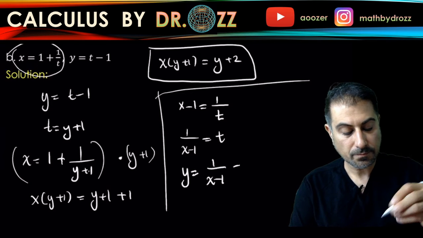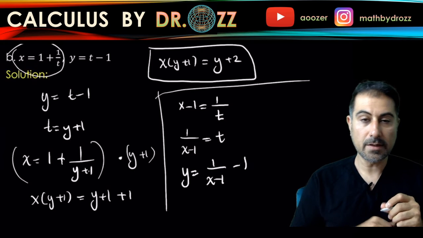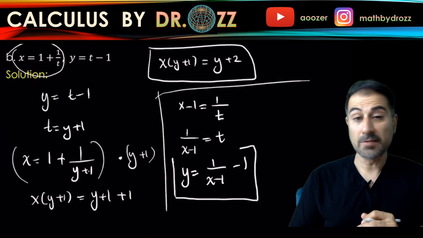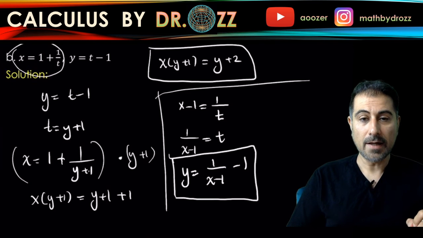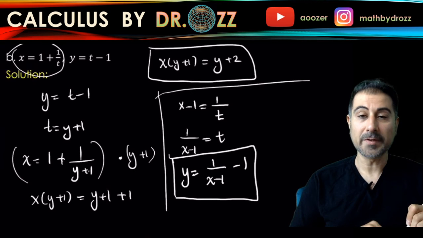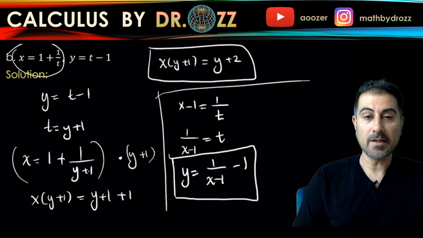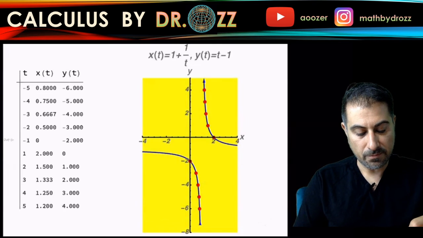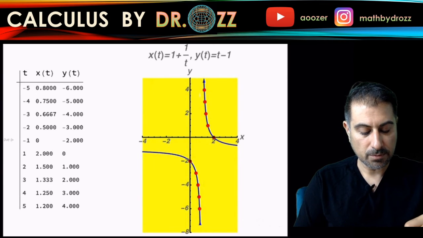Now this representation is way better than the one we have above, because we can recognize it. In fact, I can tell you that x equals 1 is a problem point that produces a vertical asymptote, because you have 1 over 0 there. That was something we have seen in the graph, a vertical asymptote at x equals 1.